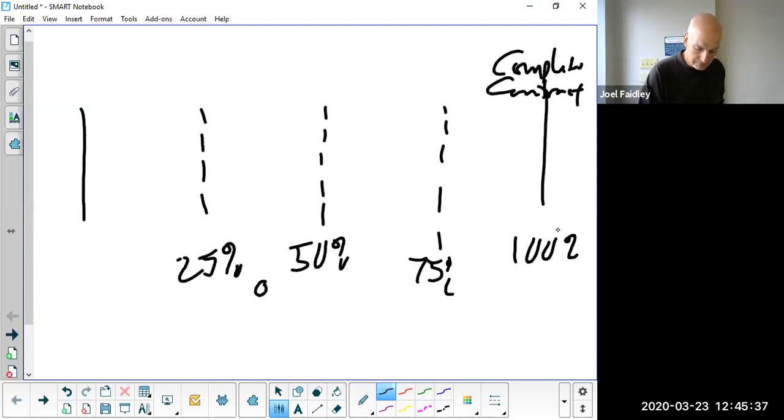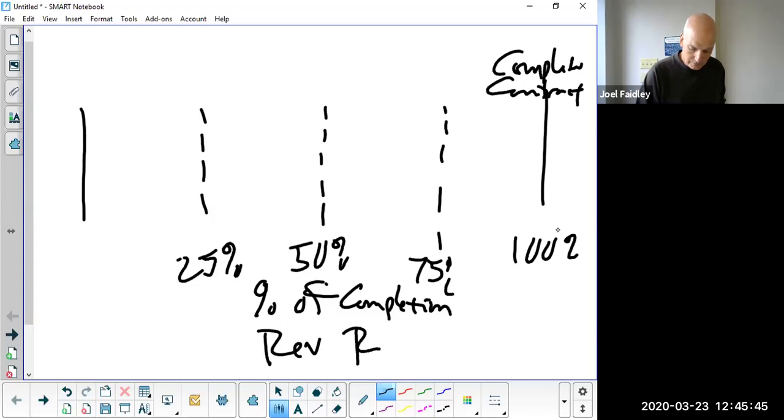Percentage of completion. Revenue recognition. So you've got a timing difference there. The completed contract here is for financial reporting, and they're keeping percentage of completion for the IRS. That sounds kind of strange if I read that correctly, but that's what you're doing there.